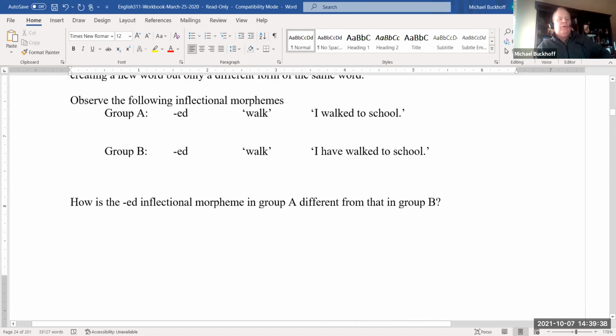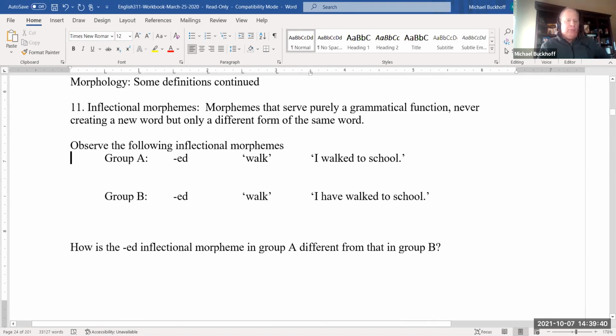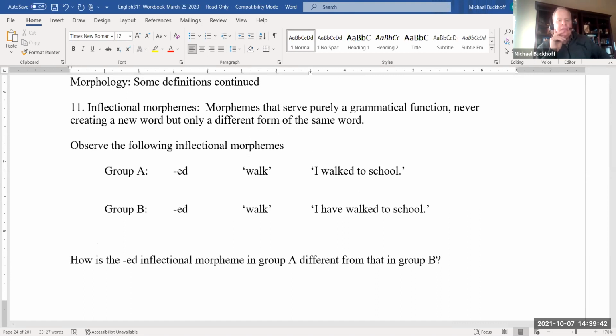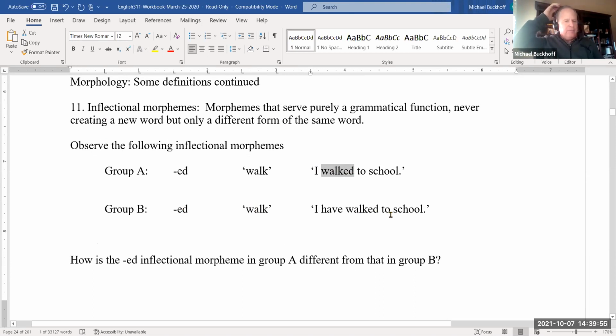Okay, here we go. Let's take a look at group A. We have walk, and then we have walked here. Then in group B we have walk, and we have walked again. So how is the ED inflectional morpheme in group A different from that in group B?